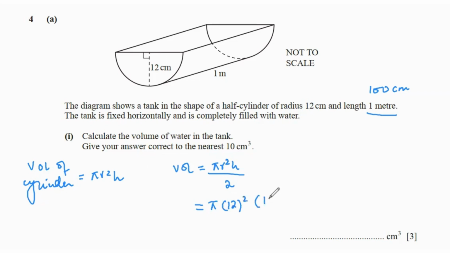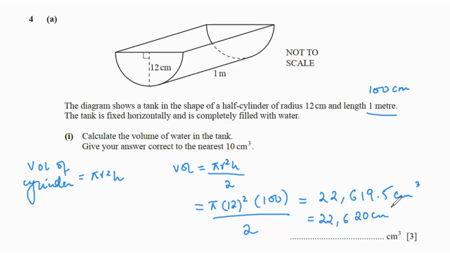Height is 100 over 2. And that is going to give us 22,619.5 centimeter cube. They're asking us to give the answer correct to the nearest 10 centimeter cube. So that's going to be 22,620 centimeter cube. That's your answer.